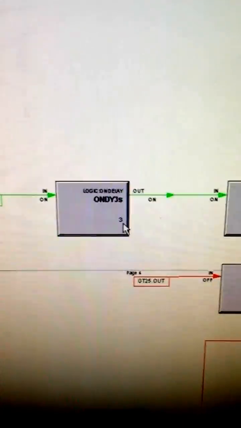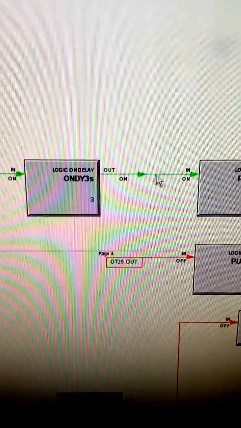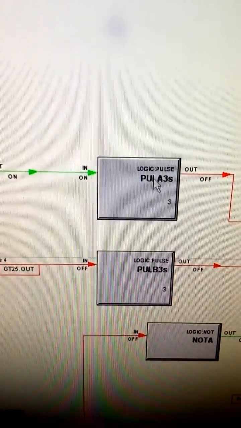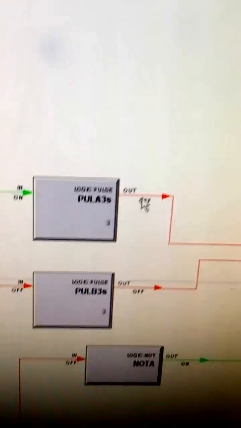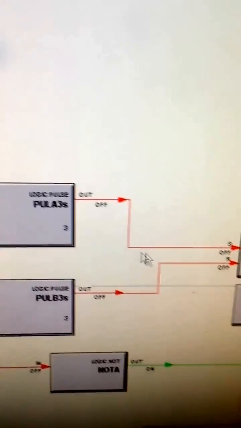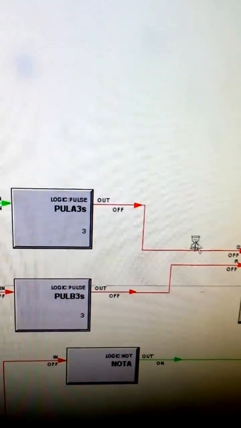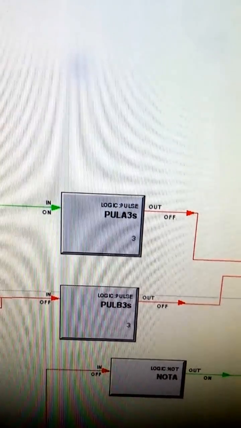That means if there is boiler firing, it will become logic 1 in here, and with a 3 seconds time delay, it goes out as logic 1 in here for a pulse. This is a pulse block, meaning a one shot pulse coming here. This is a momentary signal. So logic 1 in here is momentary, and after 3 seconds it will be gone.